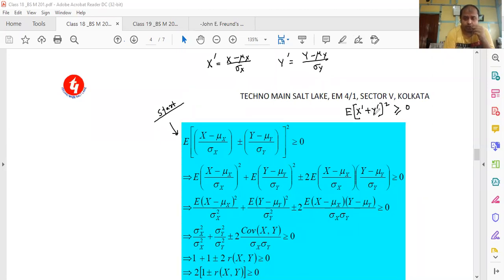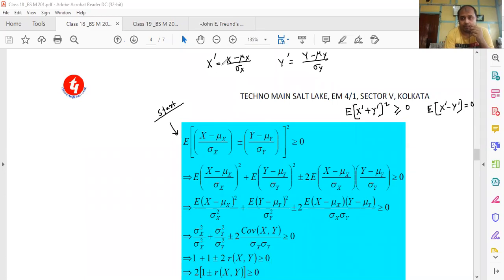At best, when we consider the expectation of x prime minus y prime, if x prime and y prime are the same, it may become 0. So together we have written this as plus minus. Between these two quantities we have put the sign plus minus. So it is always a non-negative quantity, which is pretty obvious.